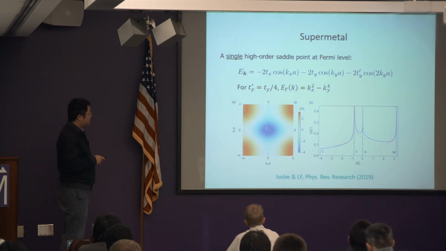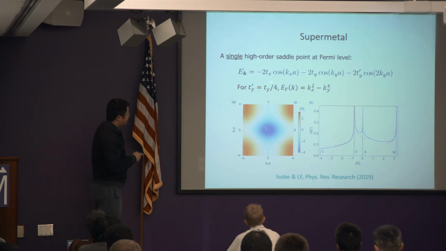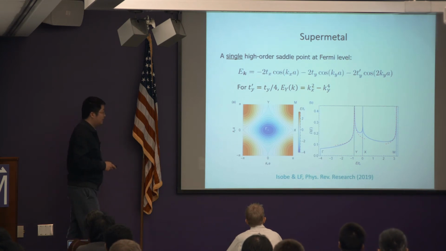Just to illustrate, we're going to work with systems which have only a single high-order Van Hove singularity at the Fermi level. To give a concrete realization, consider a tight-binding model of electrons on a square lattice but with anisotropic hopping in the x and y directions. In addition to the first neighbor hopping, let's add a second neighbor hopping in the y direction.